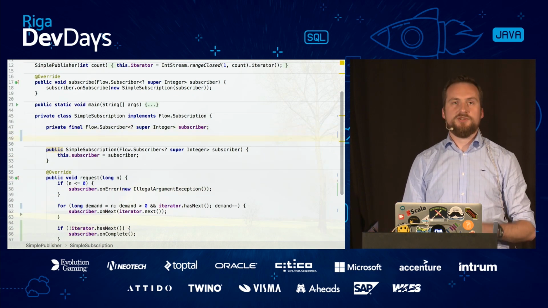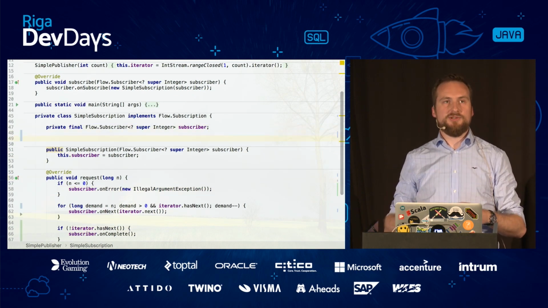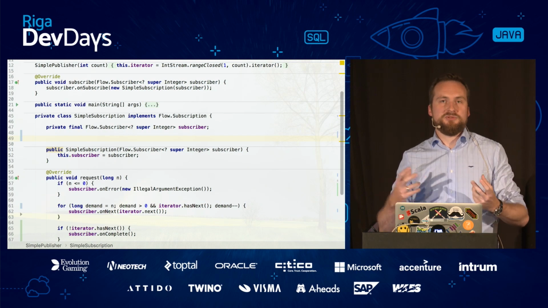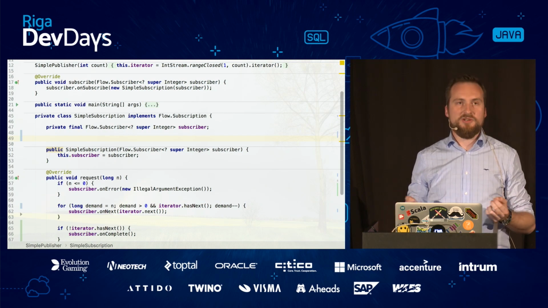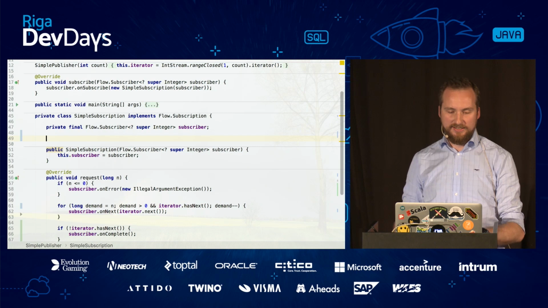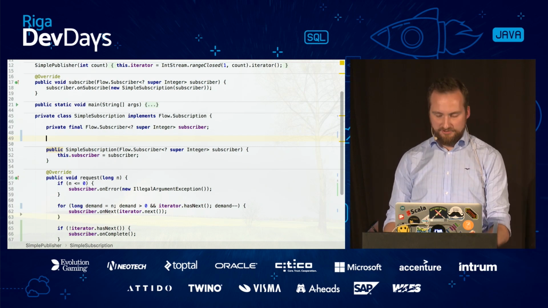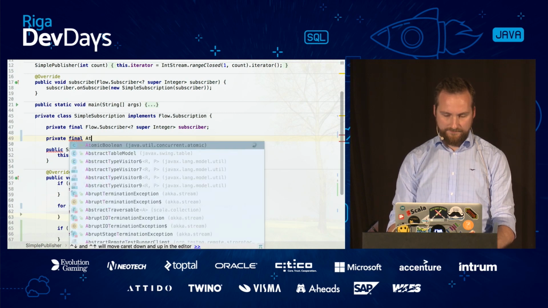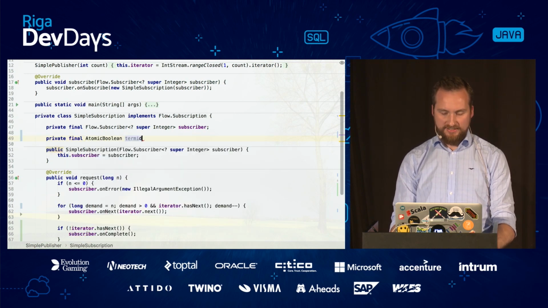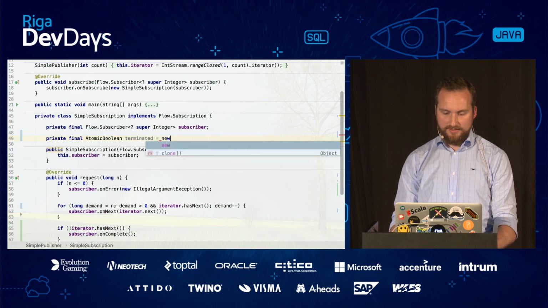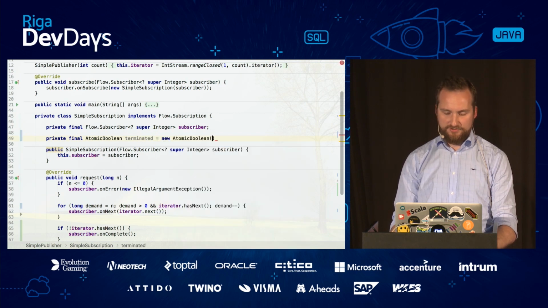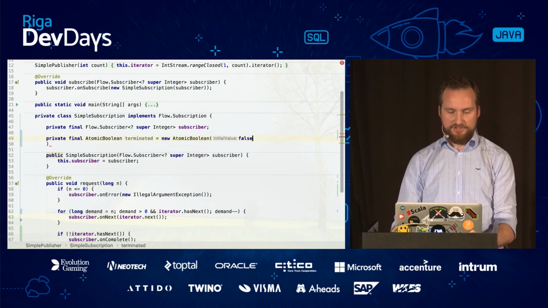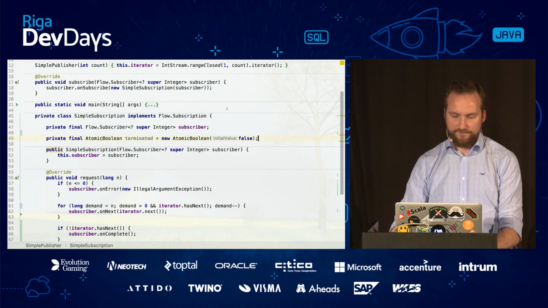So to fix termination, we need some internal state, like an internal flag to store the information whether we are terminated or not. And since we need to be thread safe, we're going to use an atomic boolean for that. We'll call it terminated. Initially it's going to be false, because initially we're not terminated.